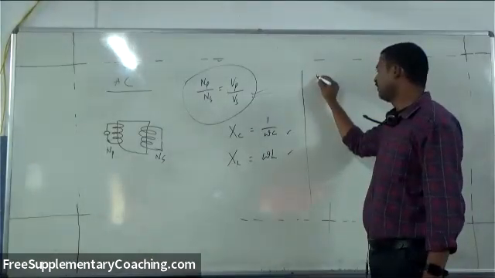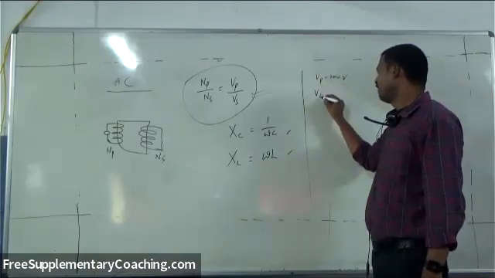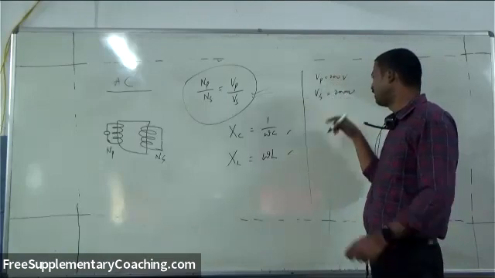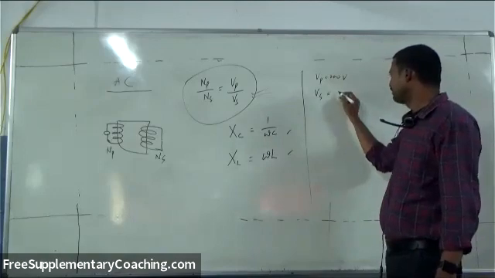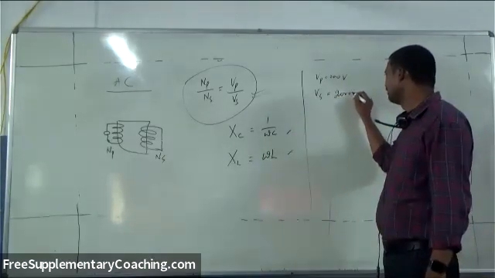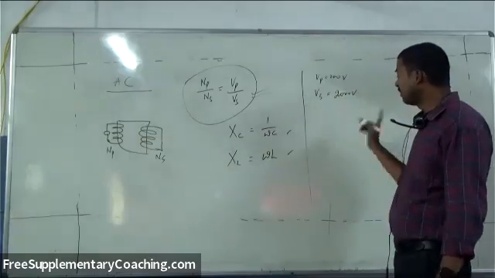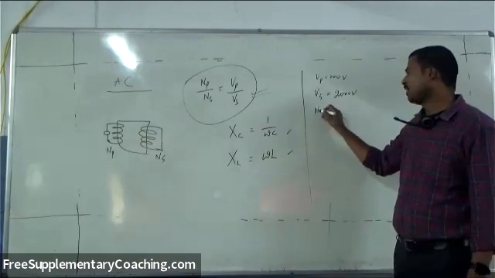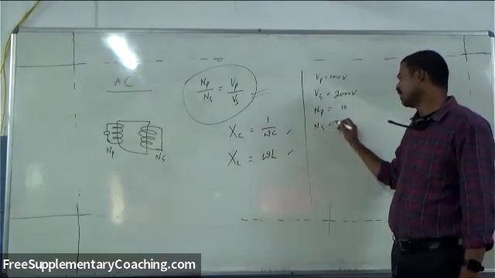VP will be 200 and Vs will be 2000. That means 200 volts is converted into 2000 volts by using a transformer. Primary voltage or input voltage is 200, secondary voltage or output voltage is 2000, and the primary number of turns given is 10. Then they are asking for the secondary number of turns.